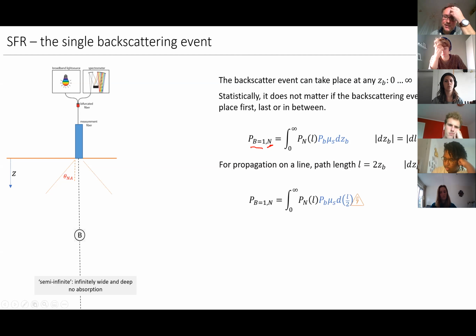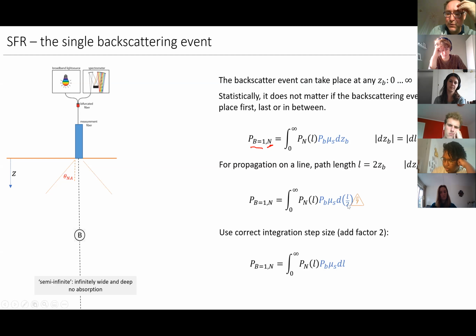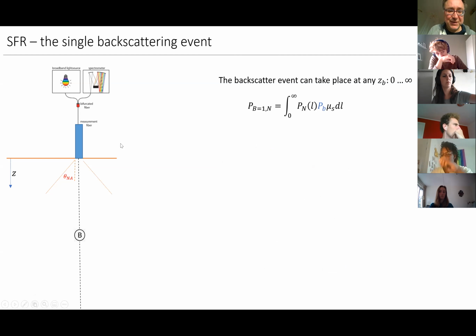If I would use this expression as it is, then I would have an integration variable range of L over 2, which would not give me the same result. So it's a little bit hand waving, but I'm just going to smuggle in this factor 2 here so that I can use a DL here for this integral that is the same as the dz1 and the dz2 and the dz3 that I used in the integrals that are actually living under this term. It's a little bit hand waving, but otherwise the math really does not work out.